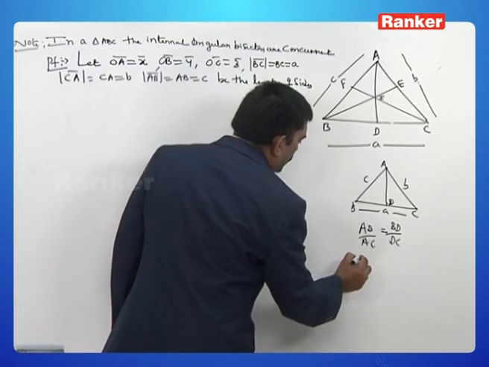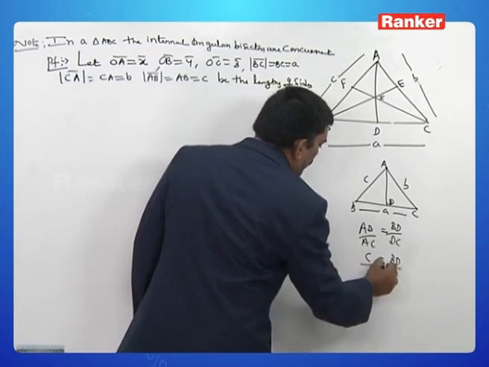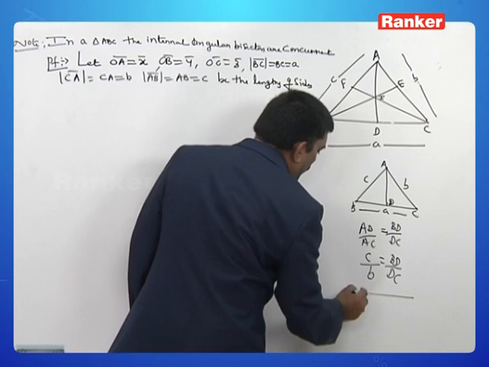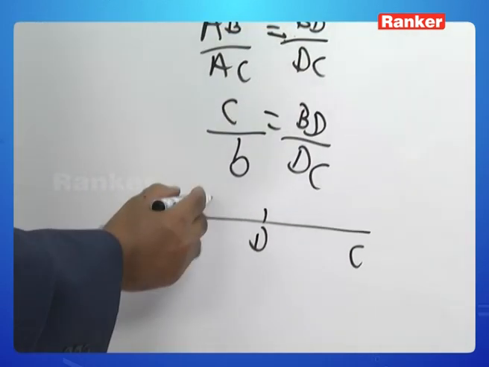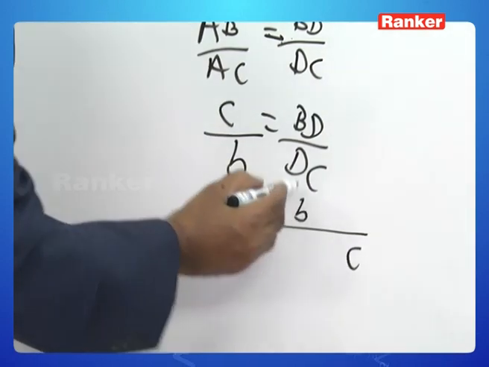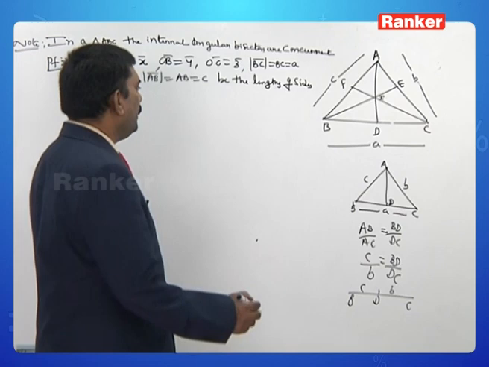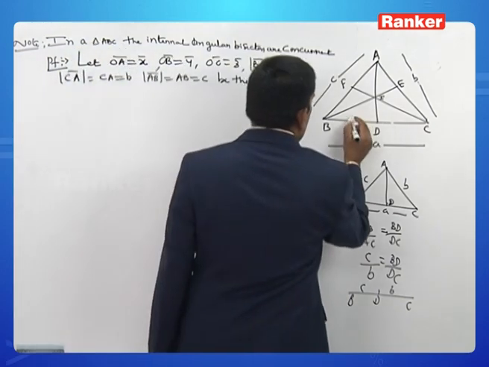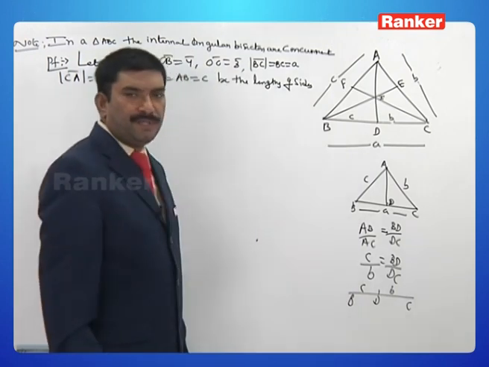But AB is c and AC is b, so it is equal to BD by DC. Which implies that D divides BC in the ratio c is to b.